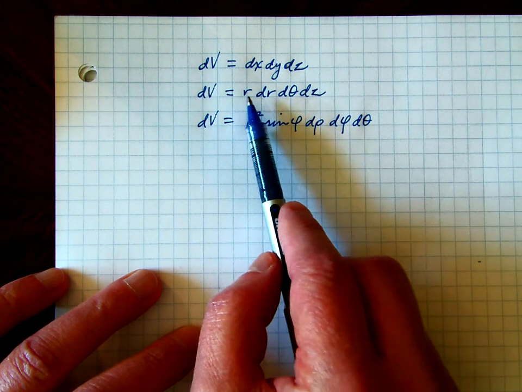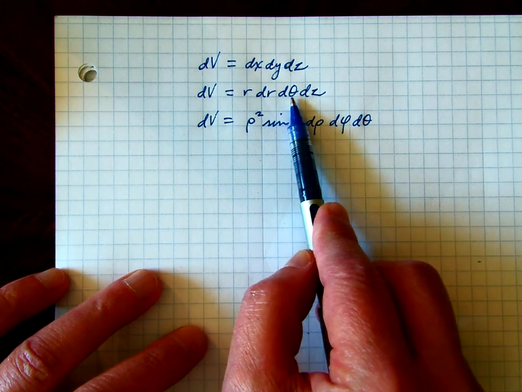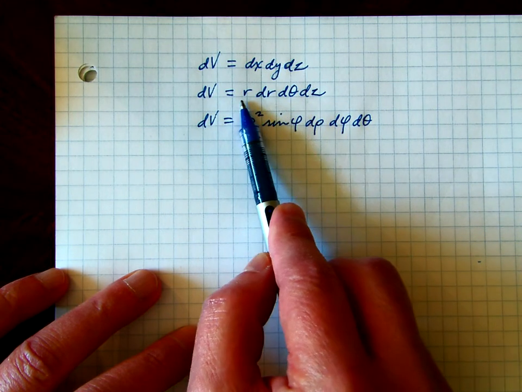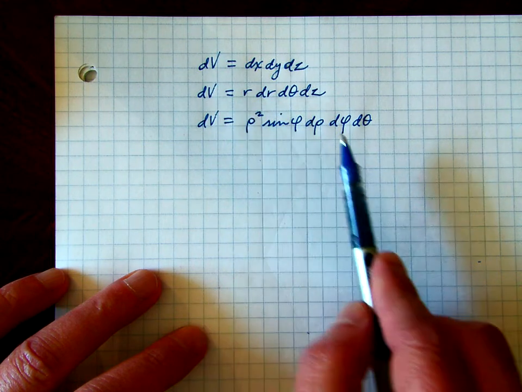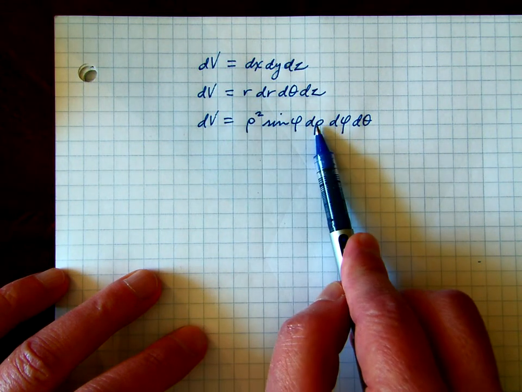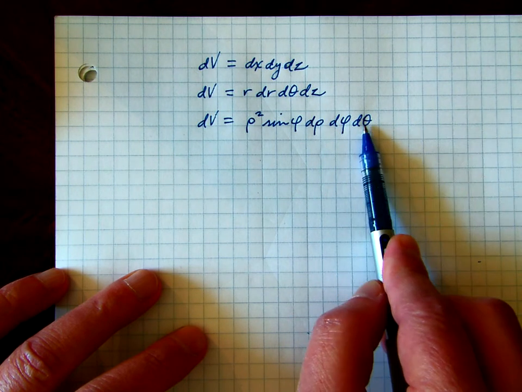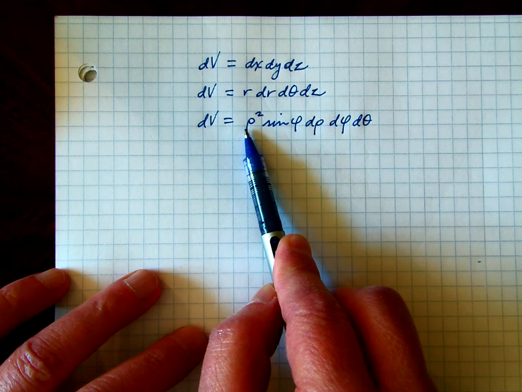But if you look at this one, linear units, no units, linear units, that would just be length units squared, except that we have the r providing the missing dimension. Similarly, this is the only one, rho, that has units of length. This is in radian measure. This is in radian measure. These two are dimensionless. We actually need two factors of rho to make up the difference.